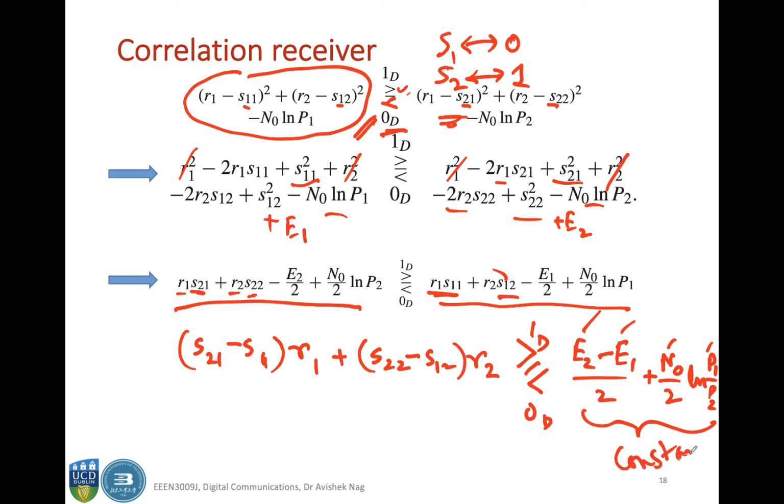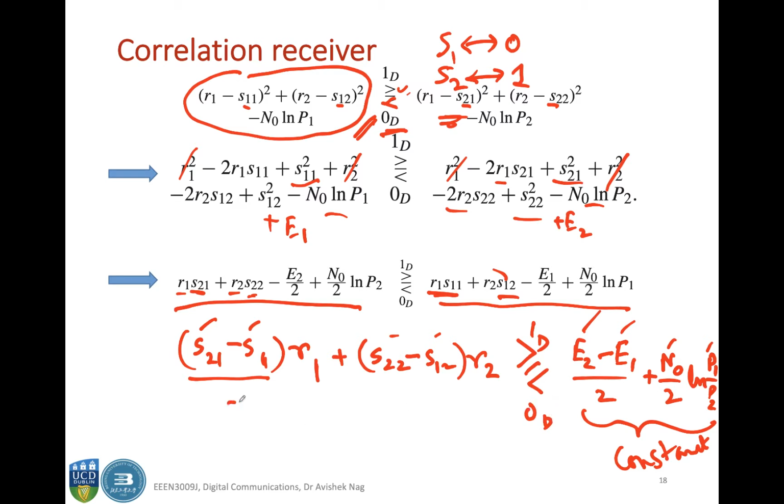From the receiver side, you see a linear equation in R1 and R2: some constant times R1, where these are the signal coefficients, also known and constant with respect to the receiver. So some constant times R1 plus some constant times R2, if that is greater than some other constant, you decide 1; if it is less than that constant, you decide 0.